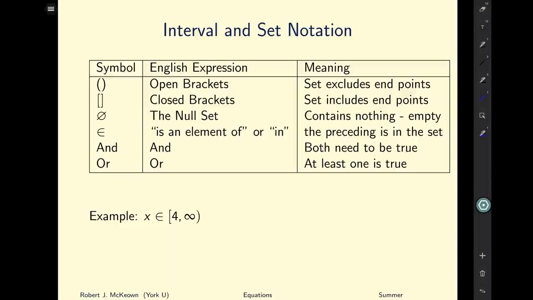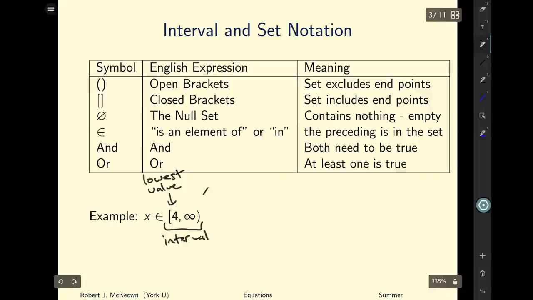Now, this is an interval. And 4 is the low point, or the lowest value. And the interval runs up to its largest value.